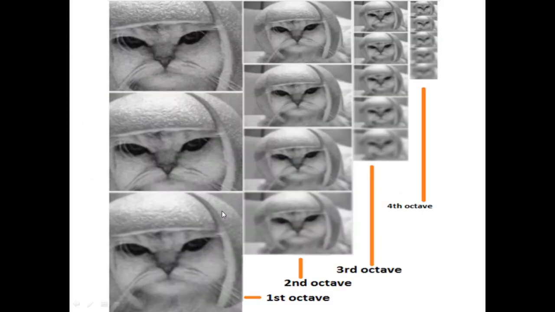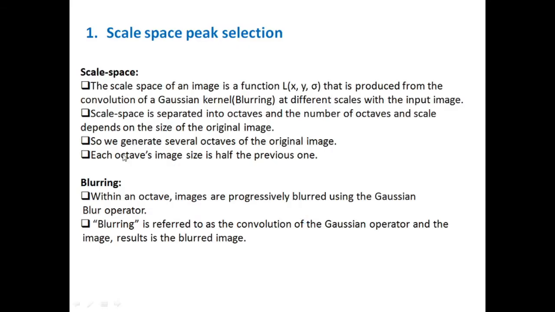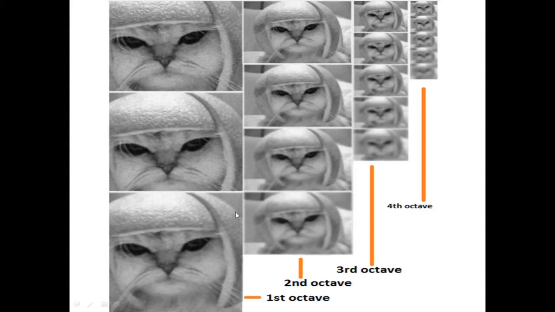This is about the octave, and you can see that in a given octave some clarity is missing in the images. That means scaling is done. These are different scales. Scale space is separated into octaves, and the number of octaves and scales depends on the size of the original image.